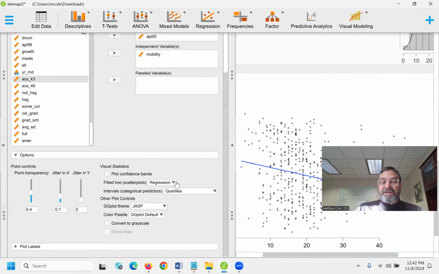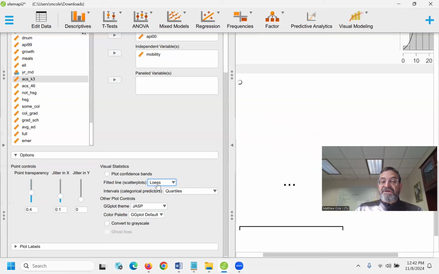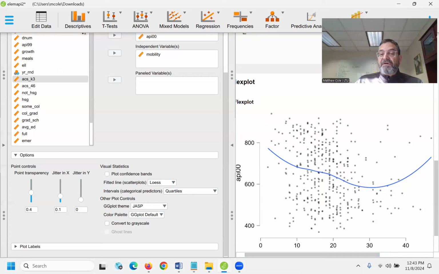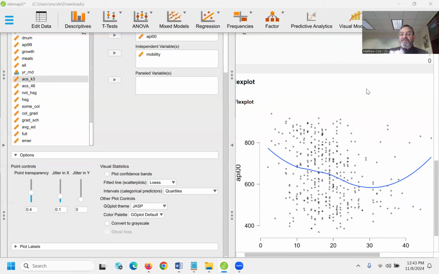But if we make the line smooth using this smooth fitting LOESS, it helps us visualize a little bit better what's happening. Let me make this smaller. It's helping us visualize if there is some sort of nonlinear relationship.